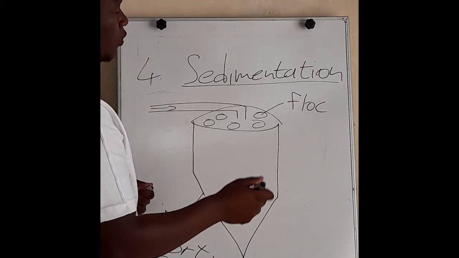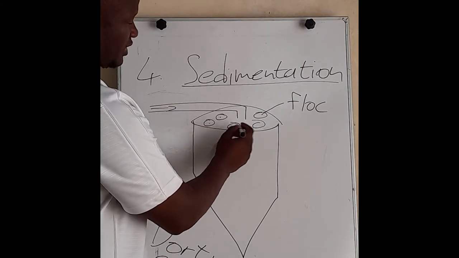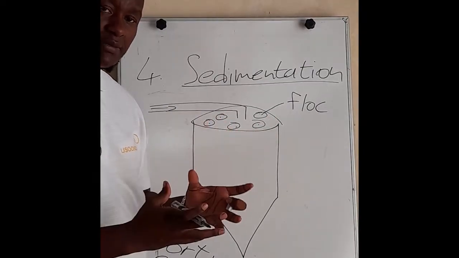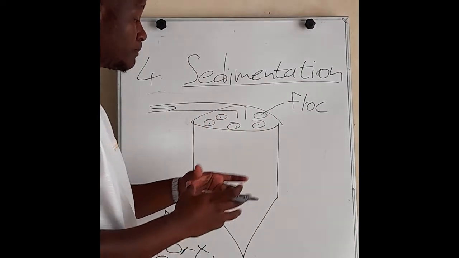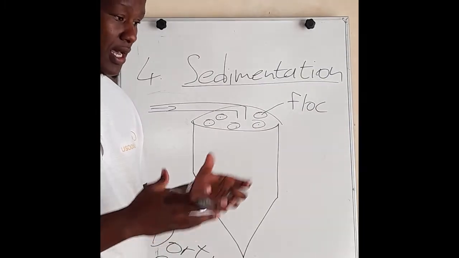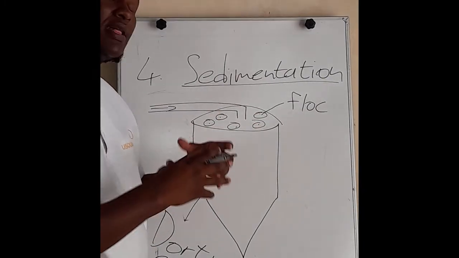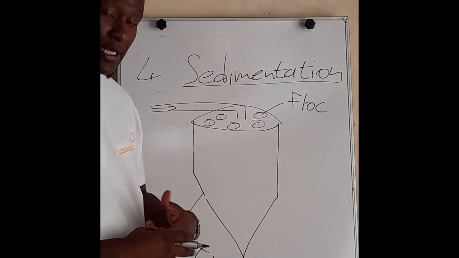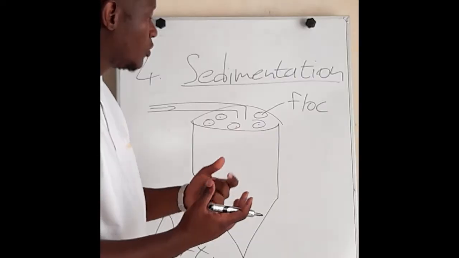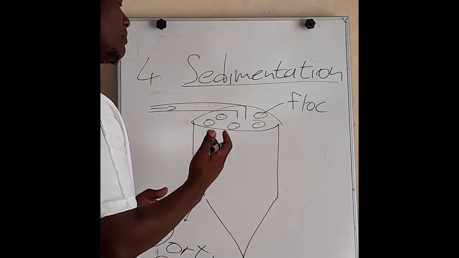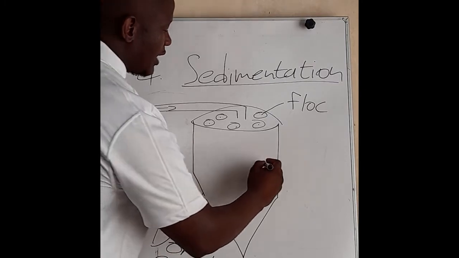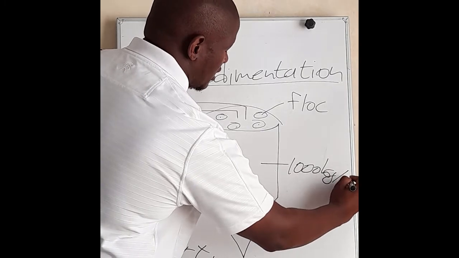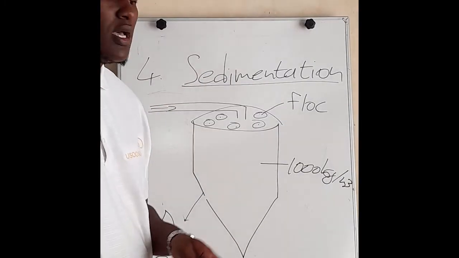So we now have those flocs that were floating. As we had said before, they are now bigger because they've clumped up together due to the chemical that was applied, and they adhered together. Therefore the density changed because they got bigger in size and also in shape. Remember, water normally has a density of 1000 kilograms per meter cubed at room temperature.